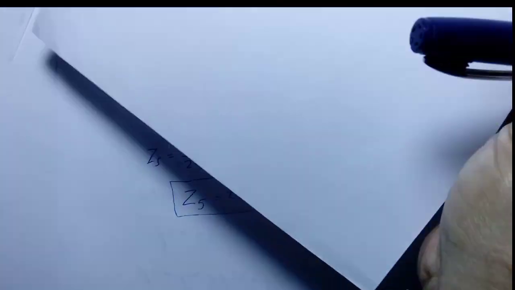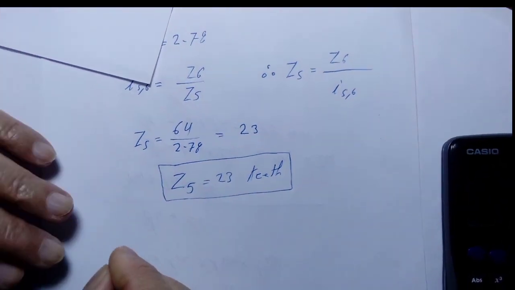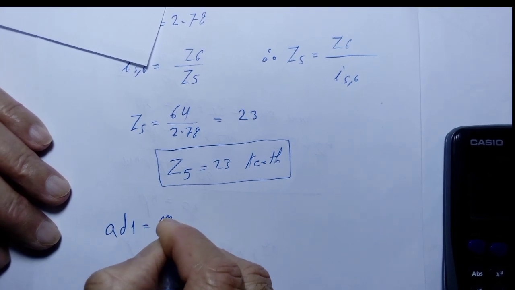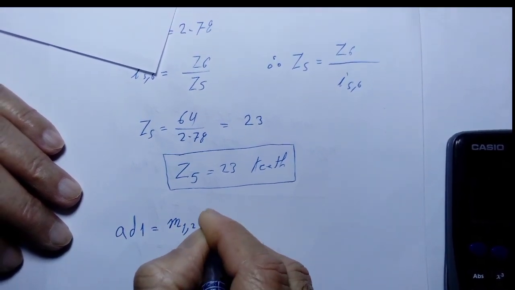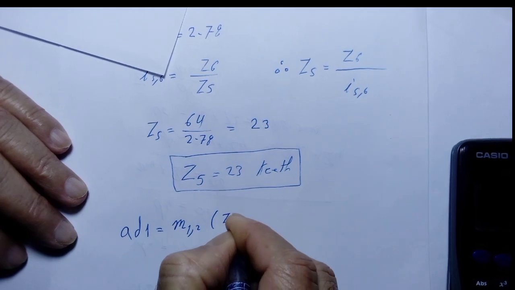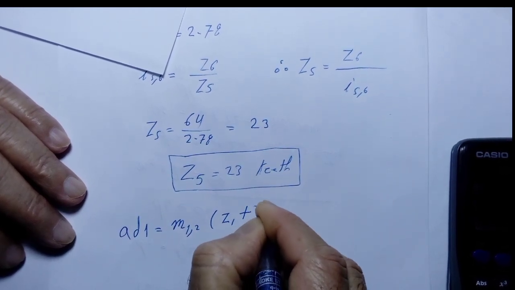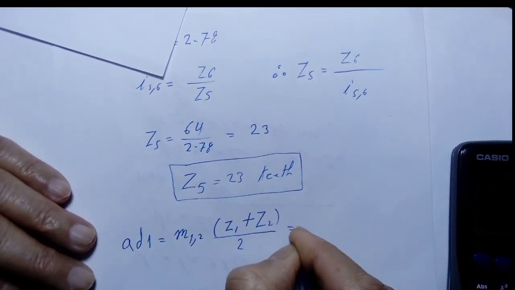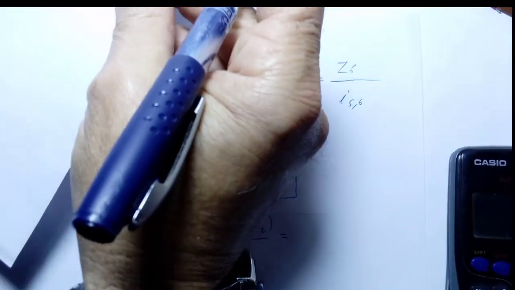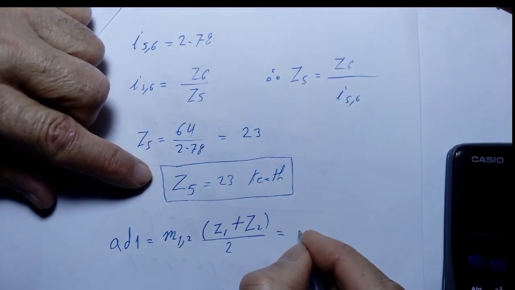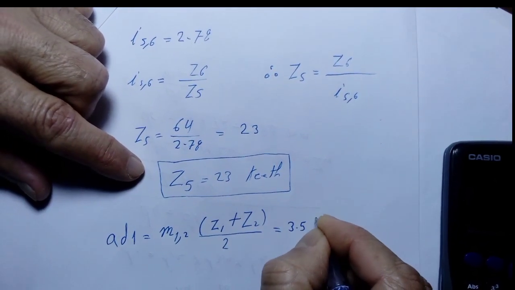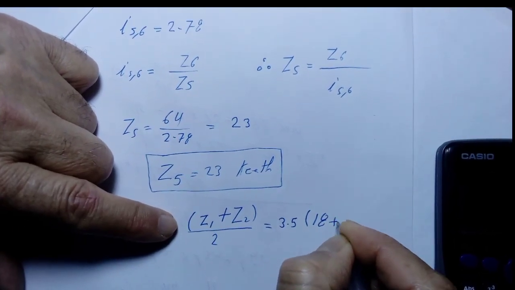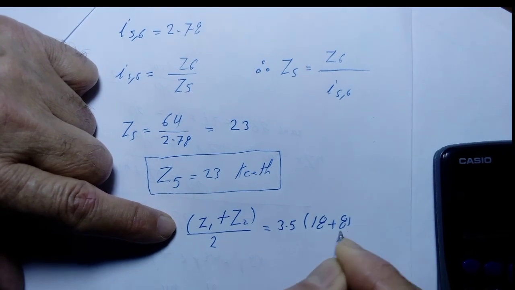Now AD1 is equal to M12 multiplied by (Z1 plus Z2) divided by 2, where M12 is 3.5, Z1 is equal to 18, Z2 is equal to 81.